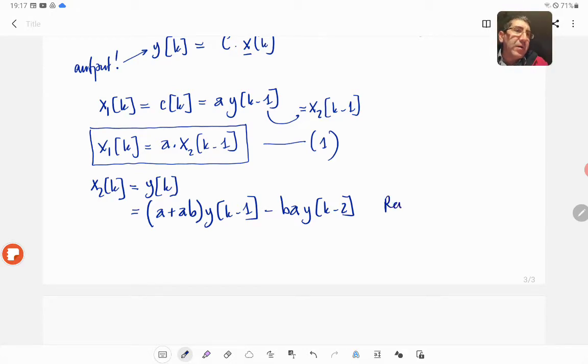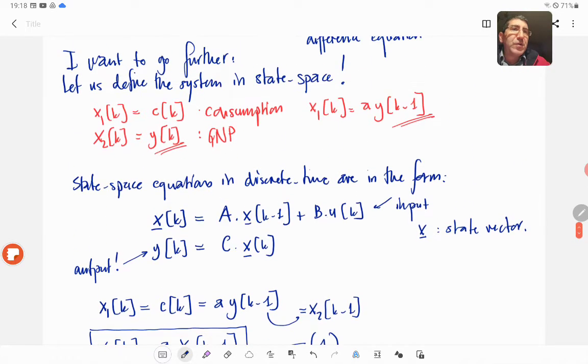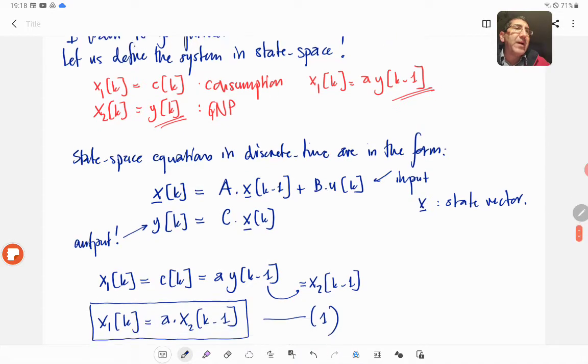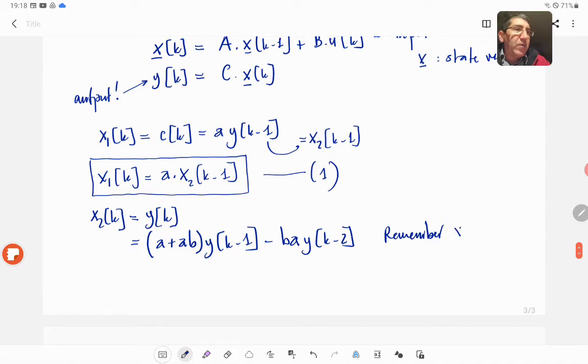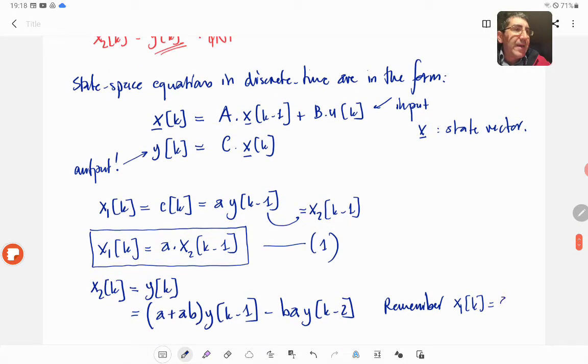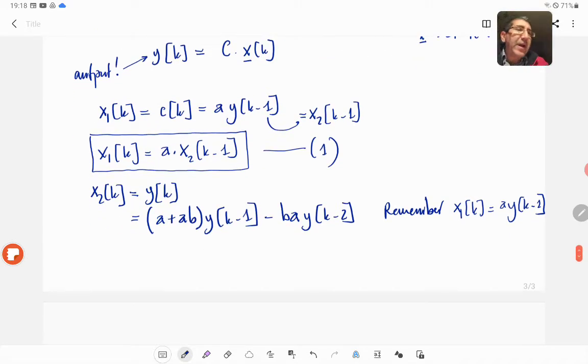Remember, we have, by definition, the first state was equal to a y k minus 1. So x1 of k was equal to a y k minus 1.